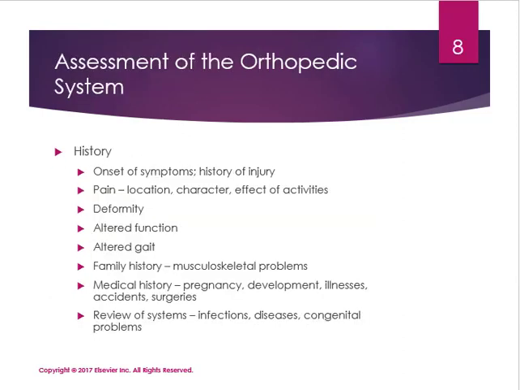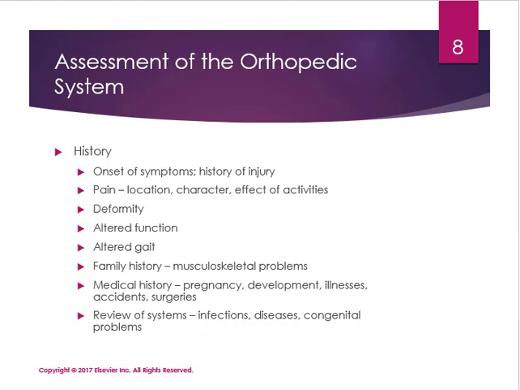When we're going to do an orthopedic system assessment, it's important to know as much as you can about the injury, what symptoms they have, if there's pain, the location, the character, the effects on activities, if there's a deformity noted, altered function, altered gait. You need to assess if there's weakness, decreased range of motion, if their walking has changed, if they're all of a sudden toe walking or in-toeing or out-toeing, if there's limping.